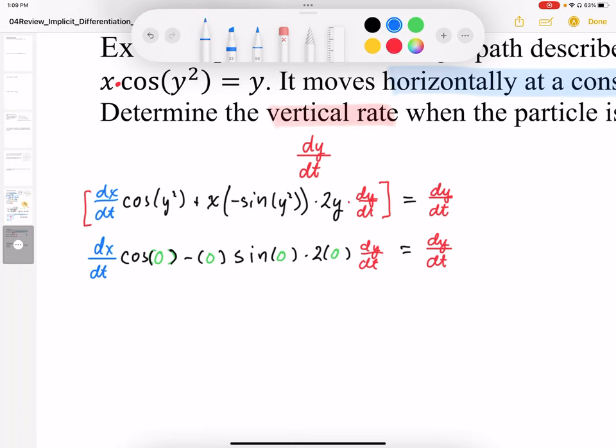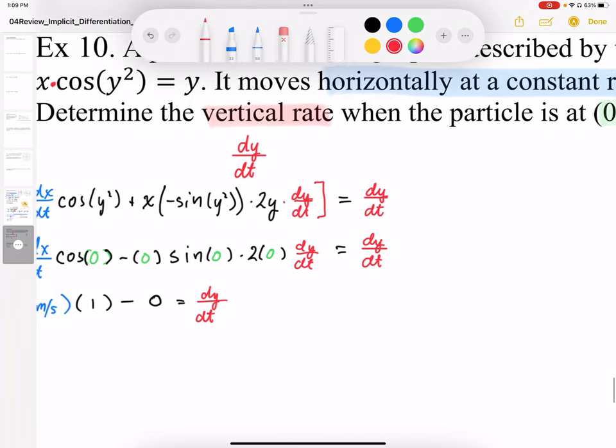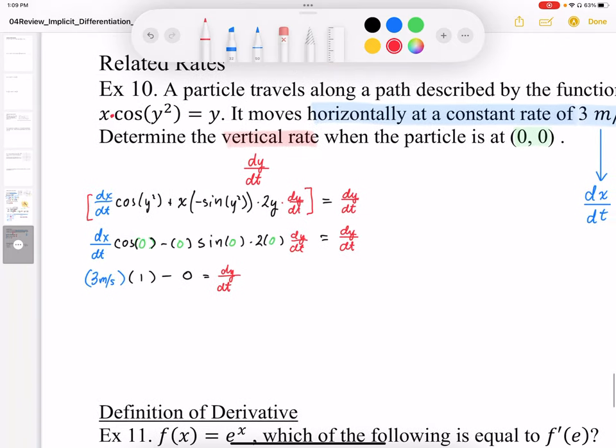This is just going to make the dx by dt, which we've established is 3 meters per second, times cosine of 0, which is equal to 1. Minus, well, these are 0 factors, so that all becomes 0. And that's equal to my dy by dt. So this is what I'm looking for, the vertical rate at that point. So dy by dt works out to be equal to 3 meters per second.